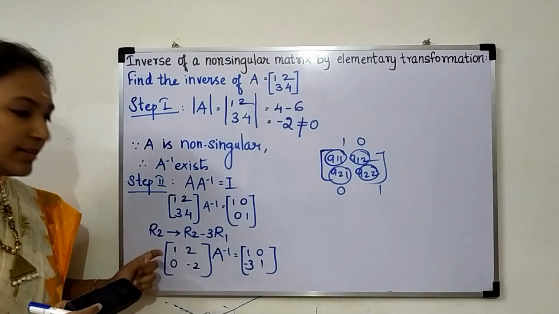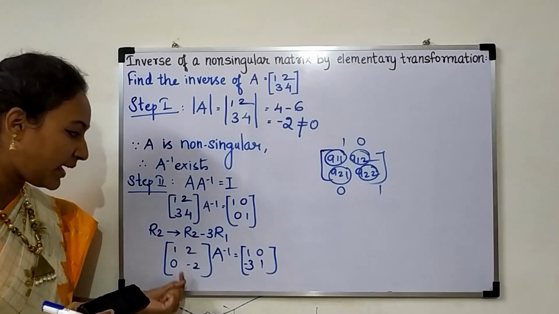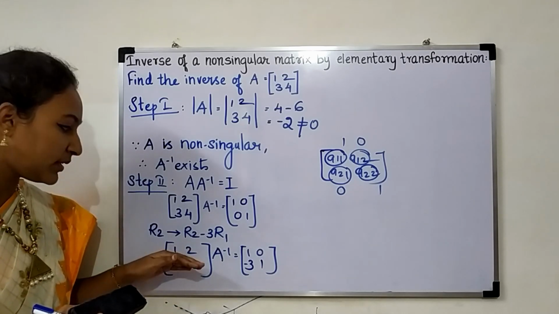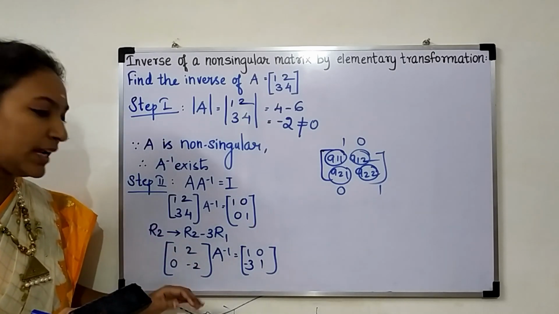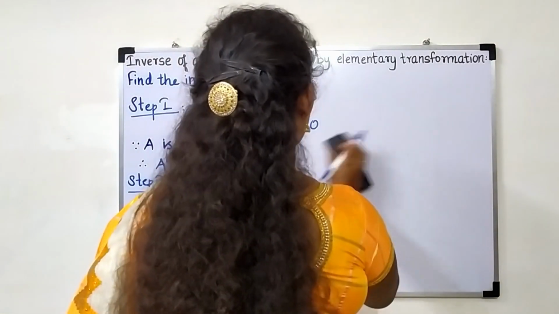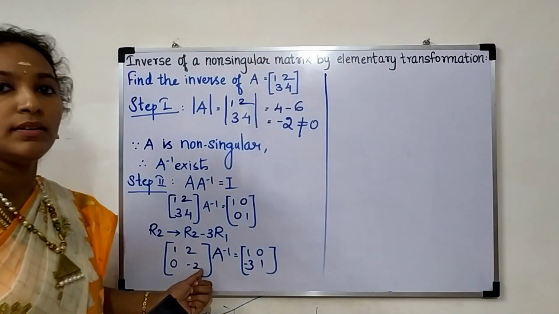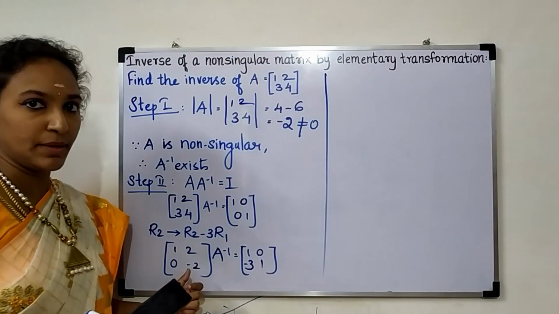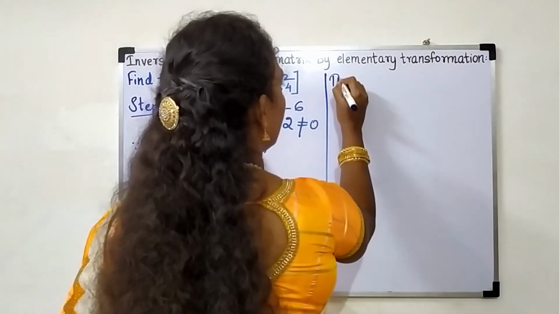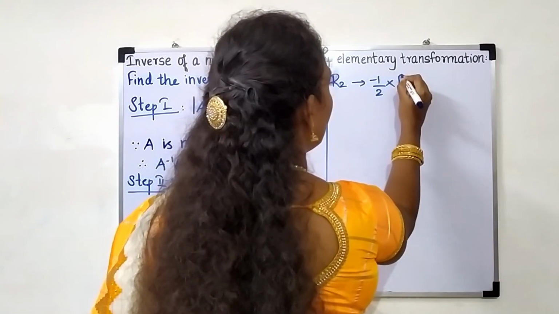Now see, it is clear. A11 is 1, A21 is 0. Now make this A22 as 1 so that with the help of this we can make this 2 as 0. This can be done easily using scalar multiplication, that is R2 to minus half into R2.